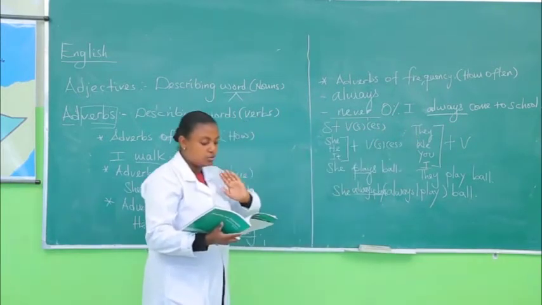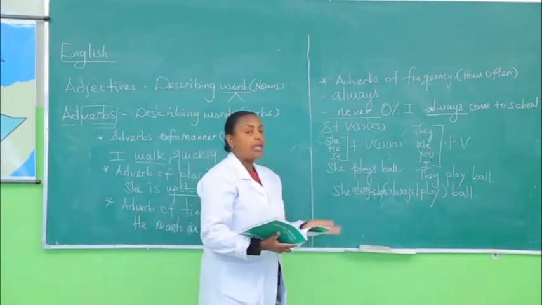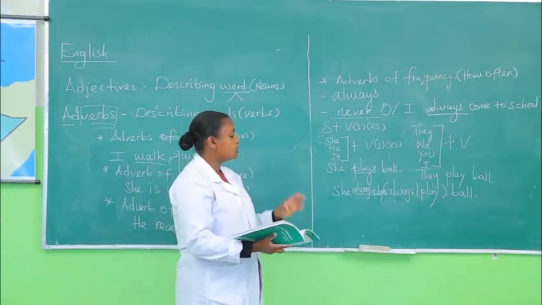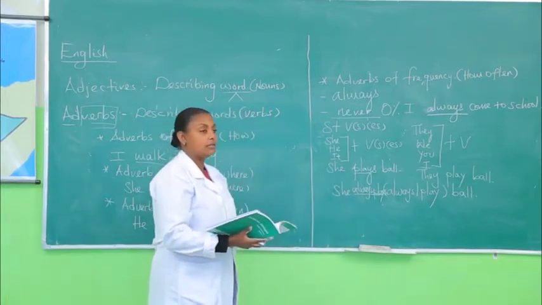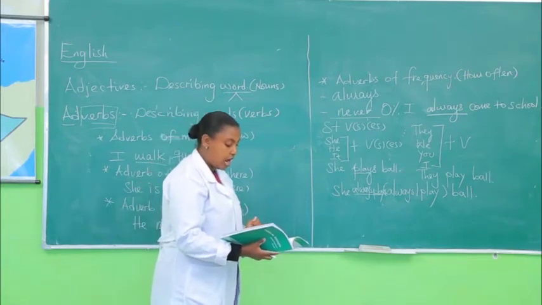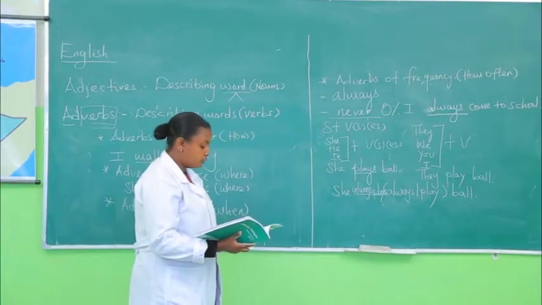So what are we going to do? Sometimes we write sometimes as it is, and shall we write s to run? No, because we have already have a plural subject we simply write run. So we will say it, the students sometimes run in the school compound. This is the way you are going to fill the blank.